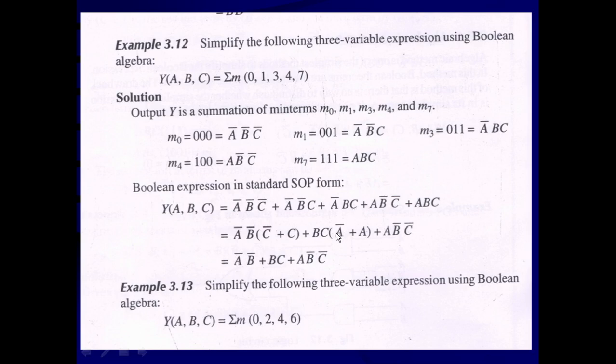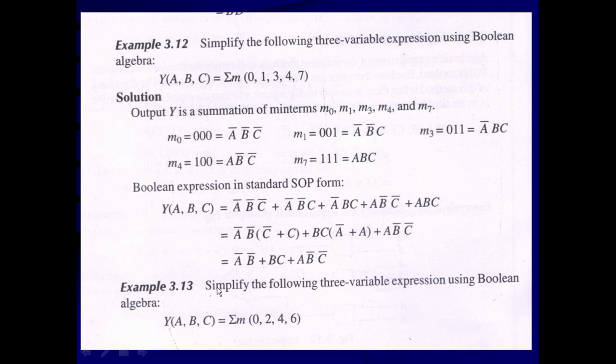Similarly here also, A bar plus A is equal to 1 multiplied with BC, that is equal to BC only. And this term stays as it is. That means this complicated standard sum of product equation, which had 5 terms, is reduced into 3 terms with fewer inputs to the gates.